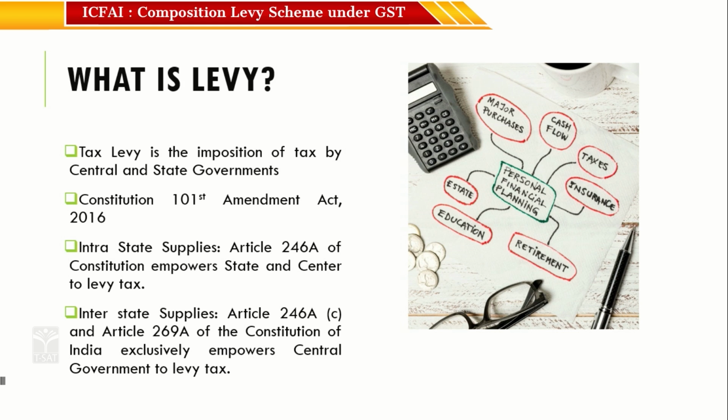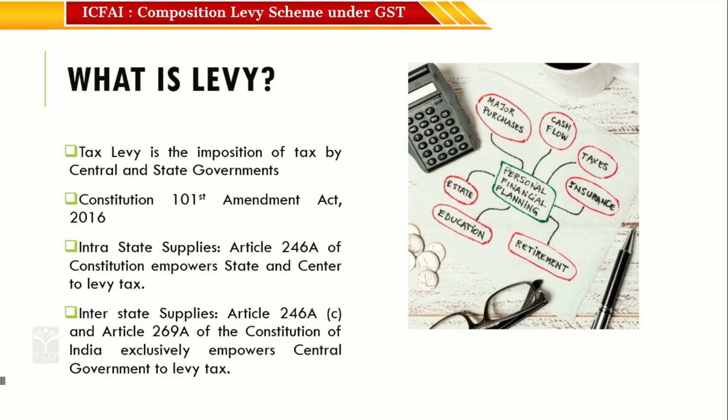When you talk about GST, the Constitution 101st Amendment Act plays a very important role. The Constitution 101st Amendment Act, enacted in 2016, brought changes to the entire structure of indirect taxes in India.